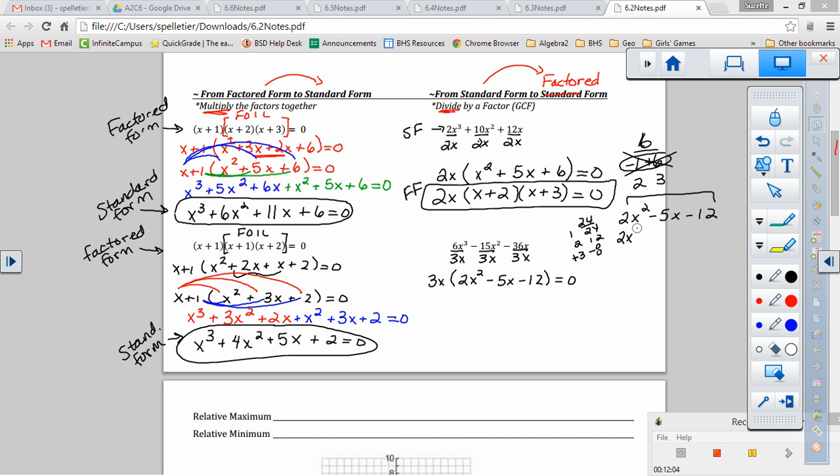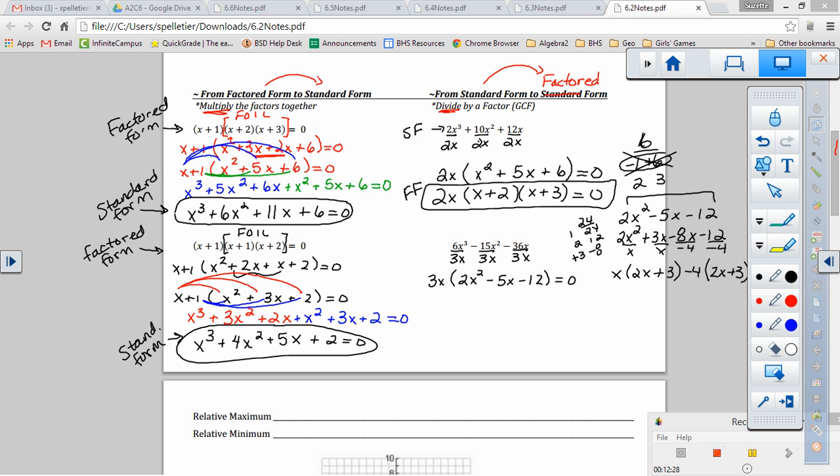So grouping 2x squared plus 3x minus 8x minus 12. Let's see if we can get this to work. Take out an x, leaves me with 2x plus 3. Divide this by negative 4, and that leaves me with 2x plus 3.